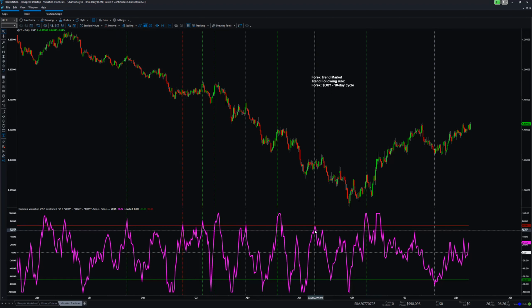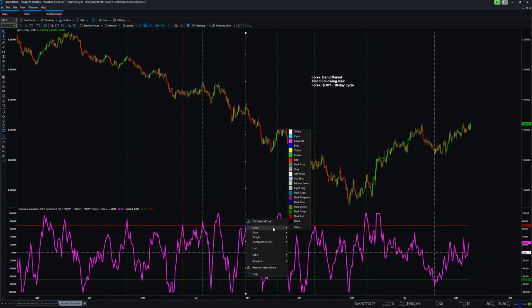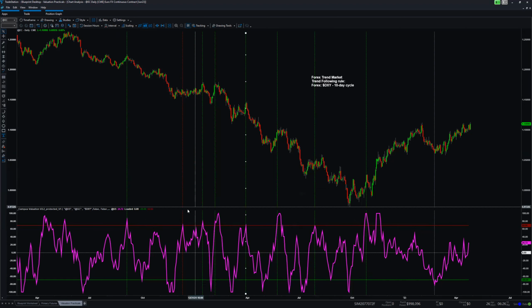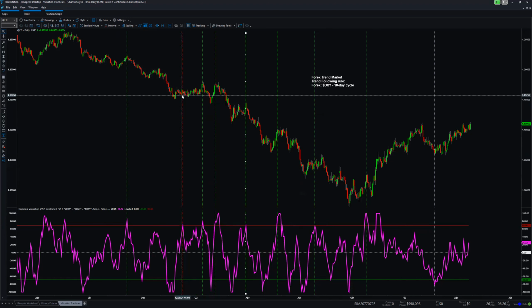It may be the case that by moving the boundaries just slightly lower, you're now getting another trade opportunity right here. You're getting another trade opportunity right here, just bang on. And then you're getting another trade opportunity right here, which did not work out.